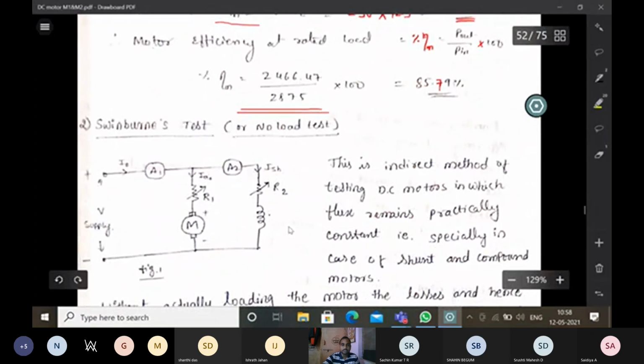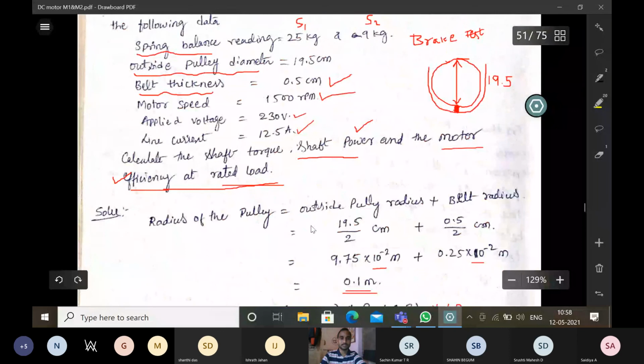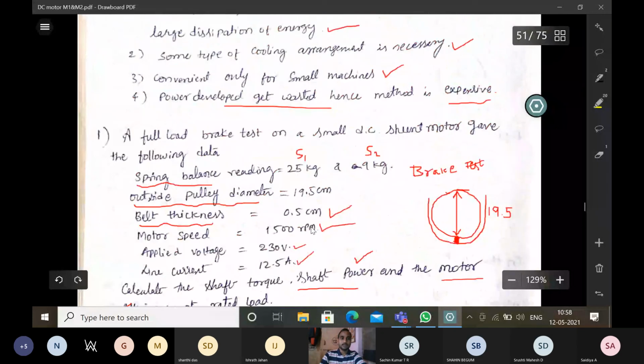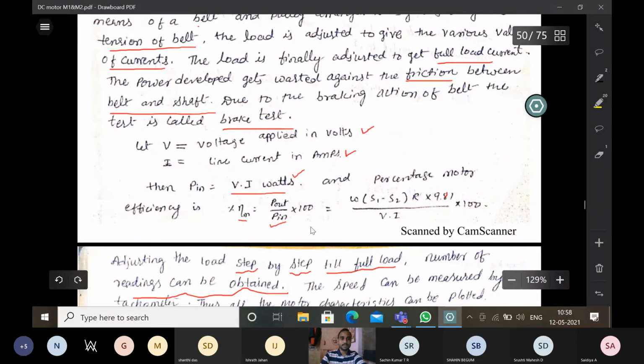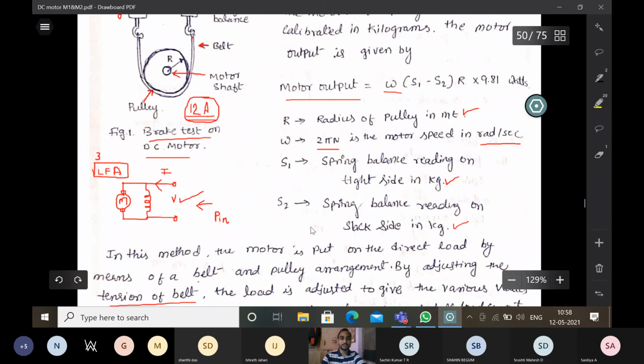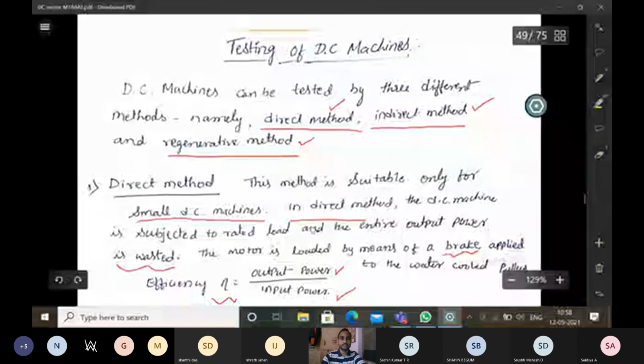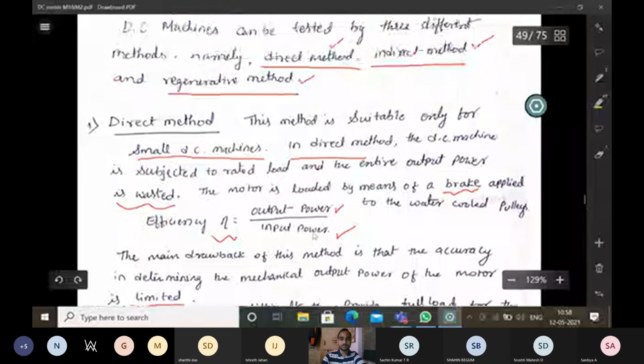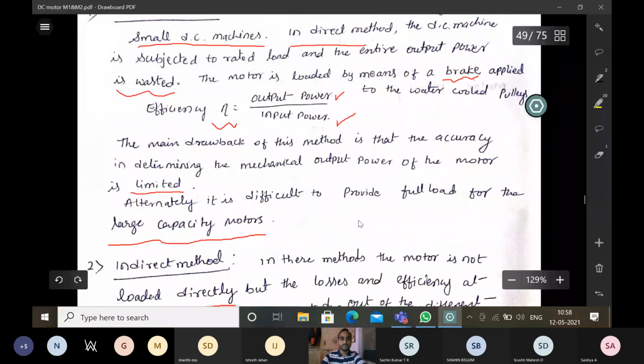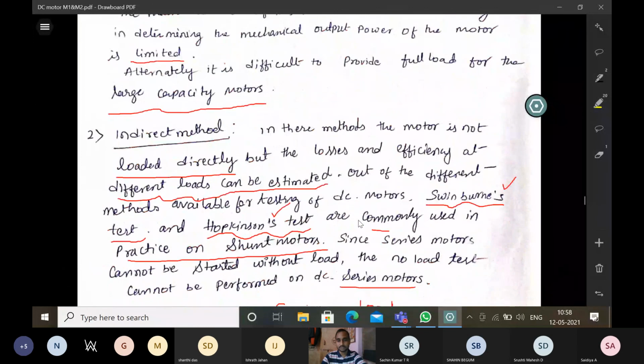Similar type of problem we can give afterwards. And the next test is Swinburne's test, which will be discussed in the next class. Okay, we will revise today's class. One is the direct method, indirect method in testing, and regenerative testing method. The direct method is directly applying load through the brake drum. The indirect method will be discussed tomorrow: Swinburne's test and Hopkinson test are commonly used indirect methods for shunt motor.